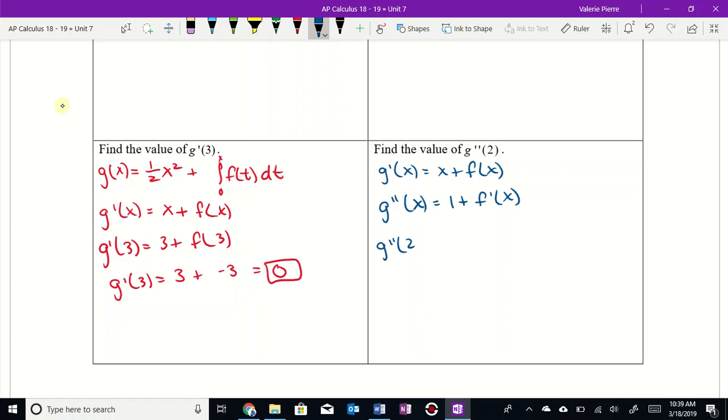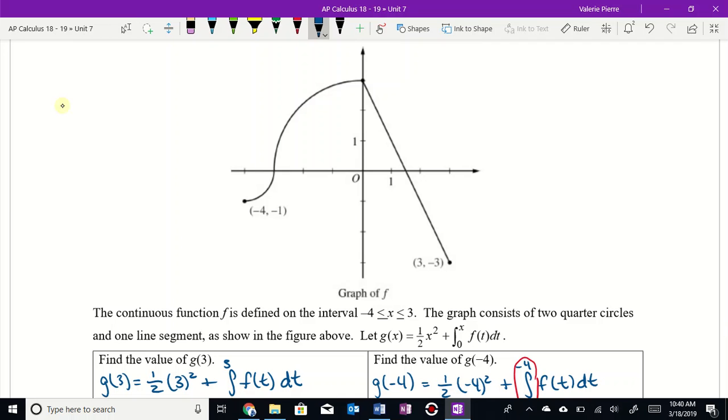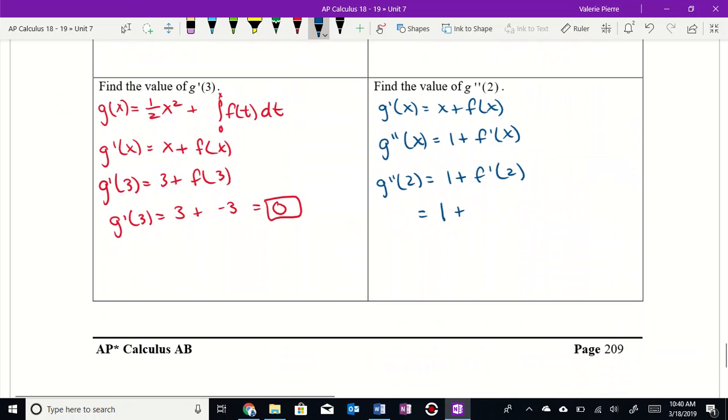So g double prime of 2 equals 1 plus f prime of 2, which is equal to 1 plus, and if we look at this, 2 is here, so we can find that by taking the slope of this line, which is -6/3. Which is equal to 1 minus 2, which is -1.